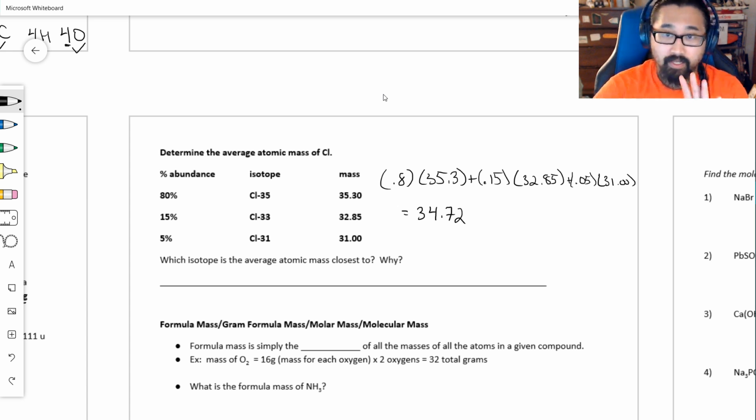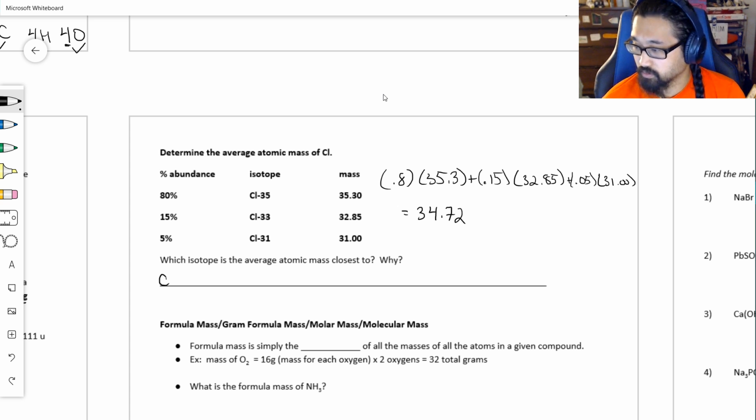I'm going to do the math. I'm going to make sure. So, 0.8 times 35.3 plus 0.15 times 32.85 plus 0.05 times 31. 34.72.